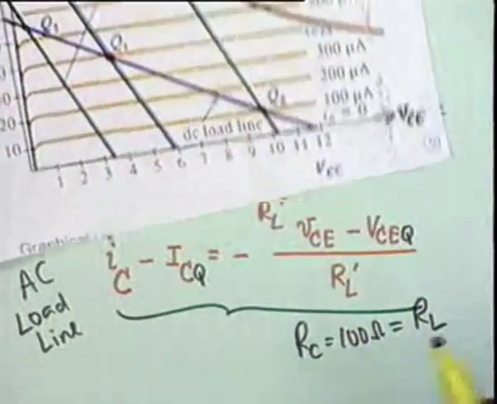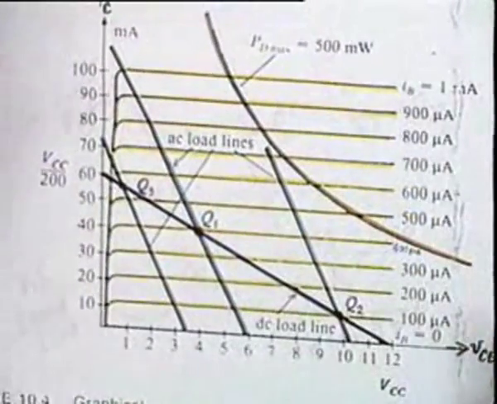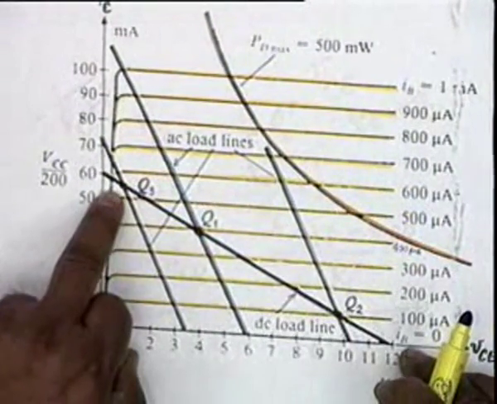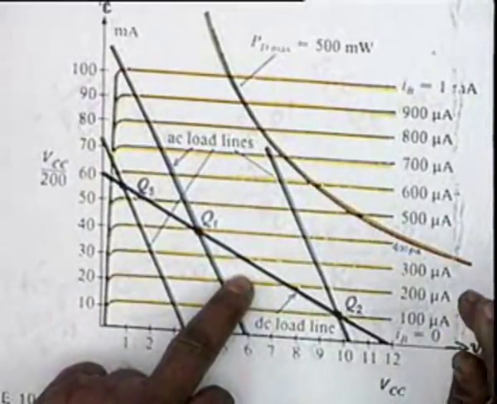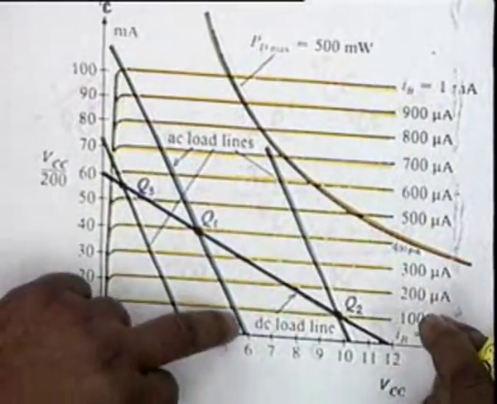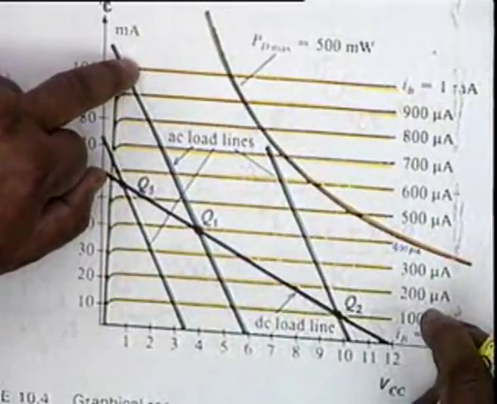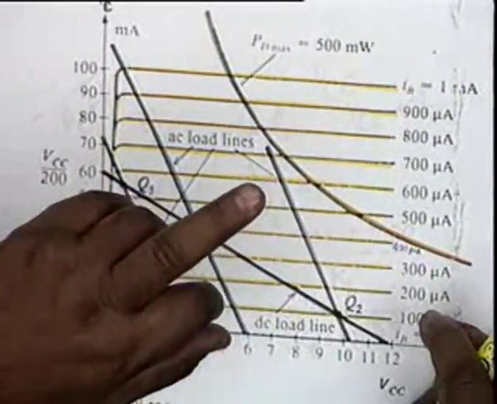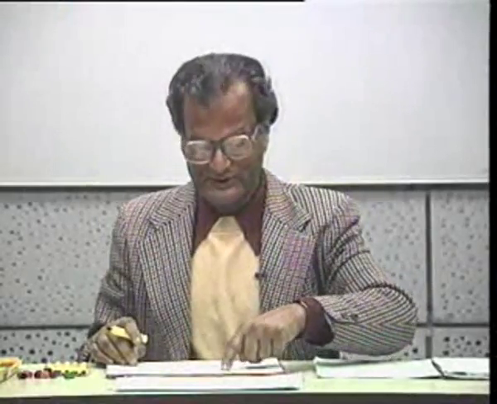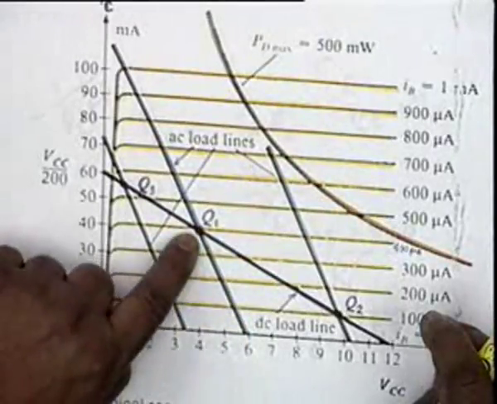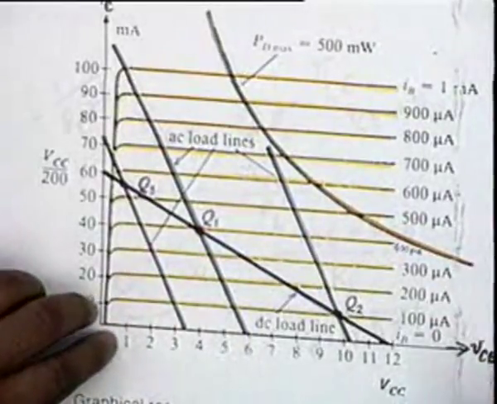Then the slope of the DC load line is minus 1 by 200. The slope of this line is minus 1 by 50. So if you know the slope and one point on the line, you can draw the line. This is the AC load line.